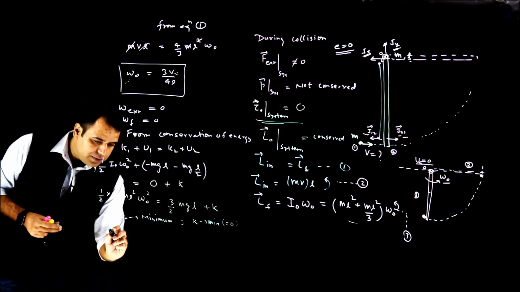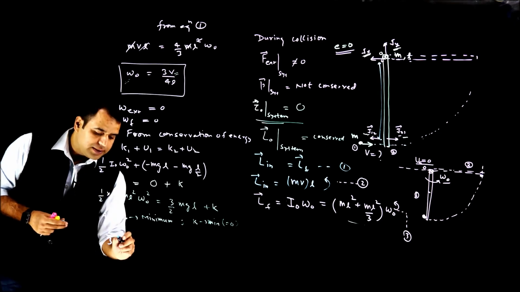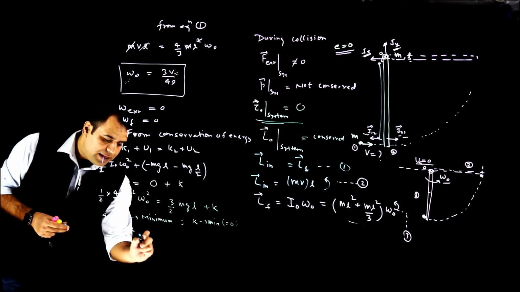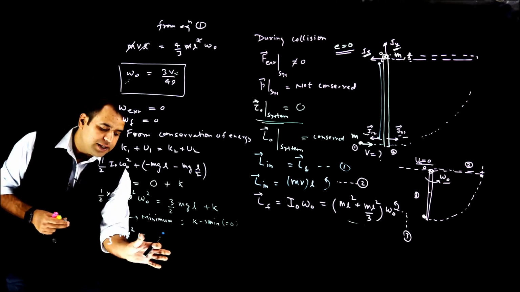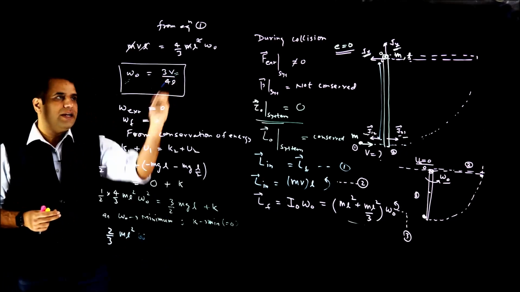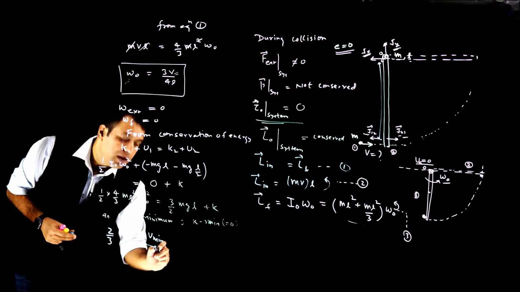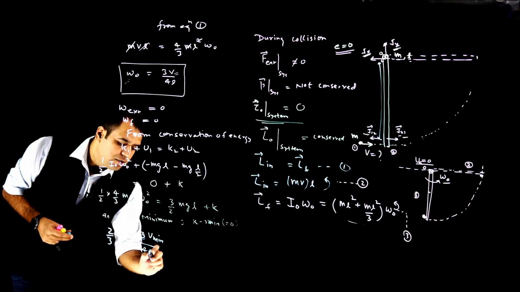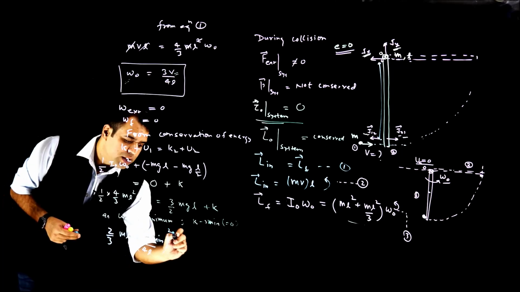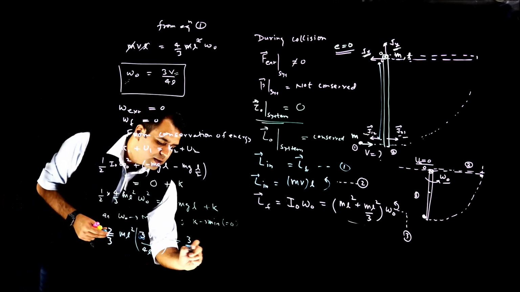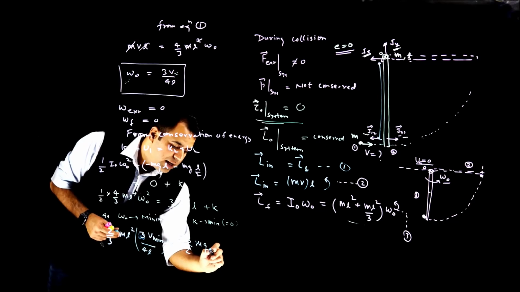So this value, 2 by 3, this 2 and 2 cancel out. ml square. In place of this omega, I can replace this value: 3 V minimum upon 4L whole square. And that is equal to 3 by 2 mgl.